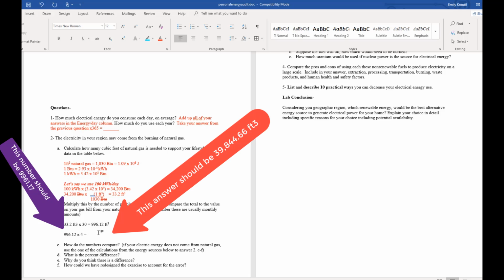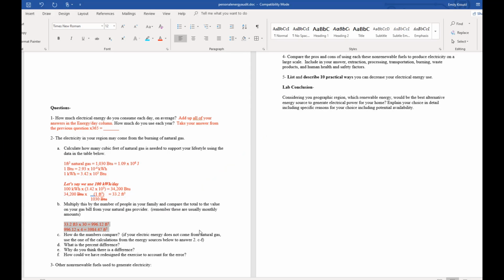This is just to show you how the math goes, in case you need help figuring out the calculations. Your number will not be the same. Now I could take my electricity bill and see if this was similar to what we used.